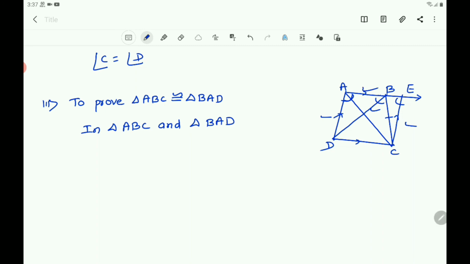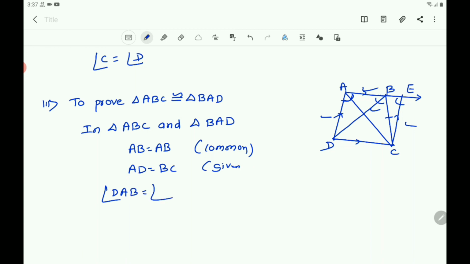So you write one by one. First, AB equals AB, common side. AD equals BC, given. And angle A equals angle B, which means angle DAB equals angle ABC. That is proved in the first.